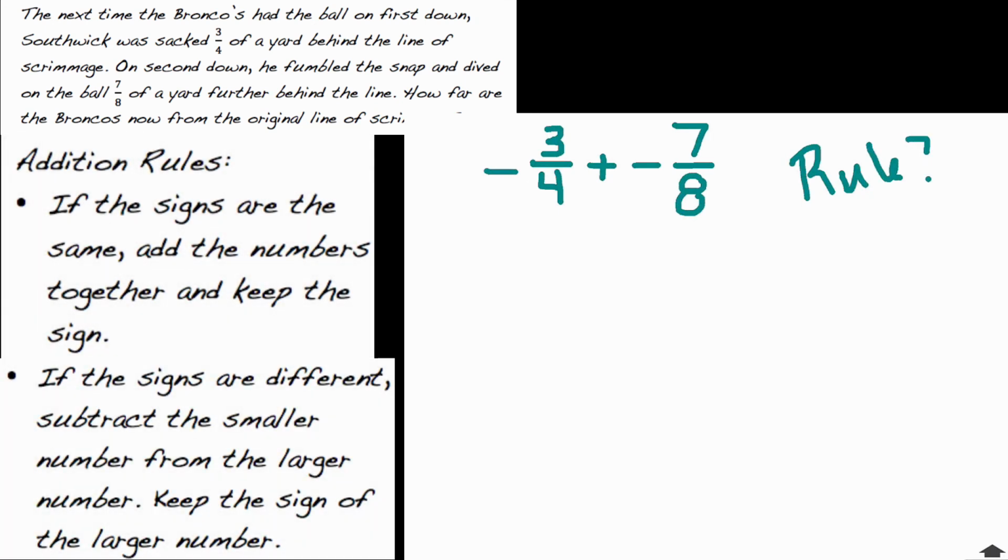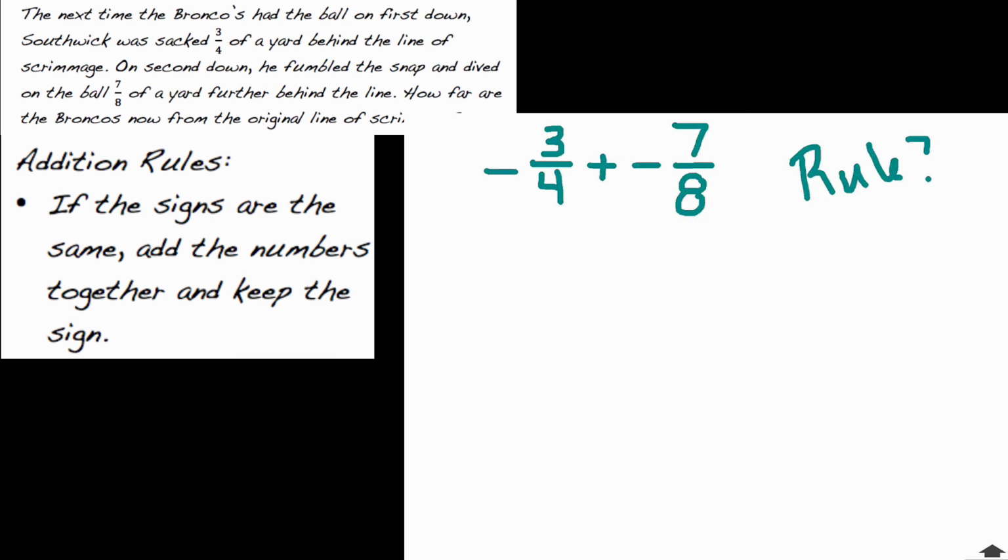And you'll see that our first rule, that if the signs are the same, add the numbers together and keep the sign, applies. So we can kind of forget about the negatives for a minute, and we're just going to add 3/4 plus 7/8. Before we can do that, we need to find a common denominator. We can multiply both of the numerator and denominator of 3/4 by 2 so that we now have a common denominator of 8.